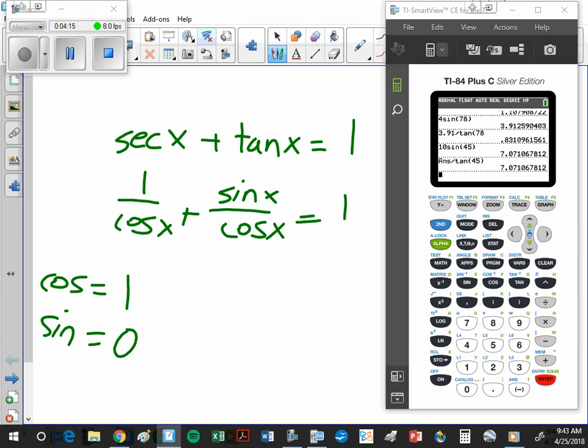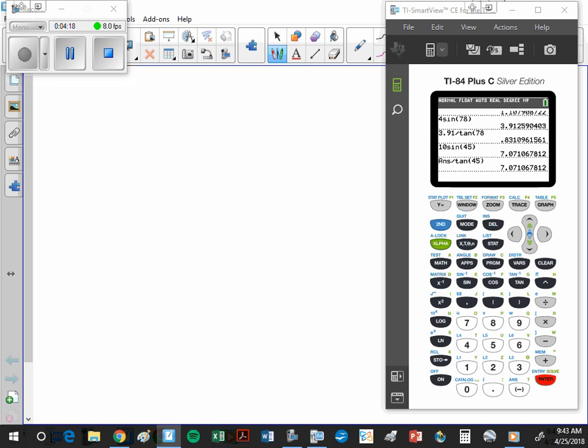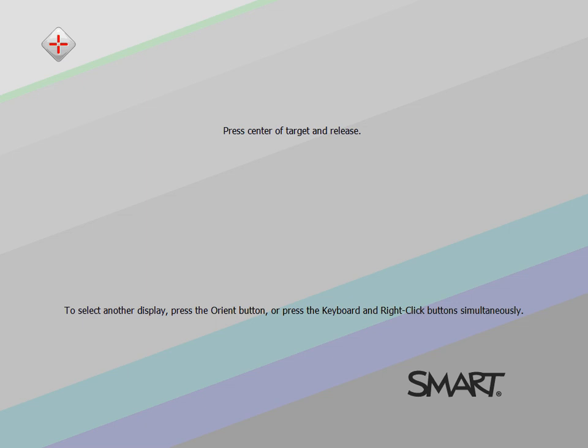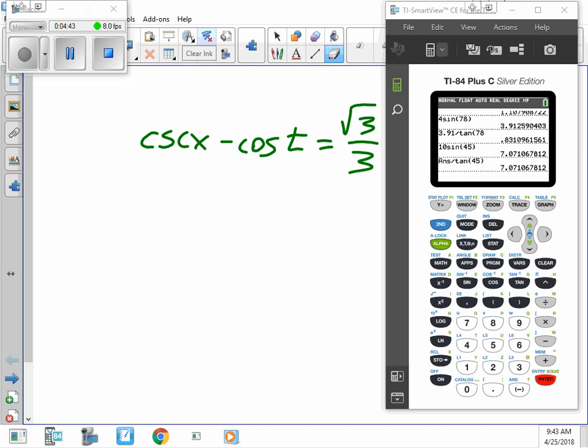All right, 68. The cosecant of x minus the cotangent of x equals root 3 over 3. Oh, wow. Just kidding. So the cotangent of x.